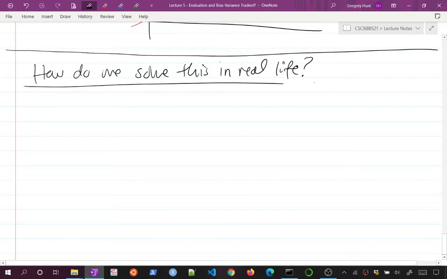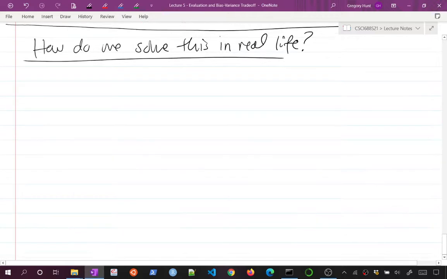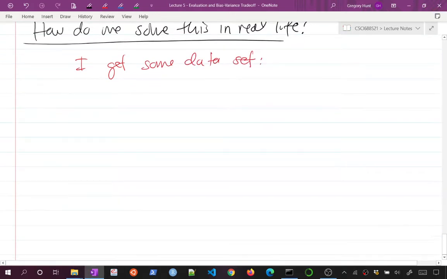Okay, so typically in real life, I get some data set, and the data set is just a bunch of data.